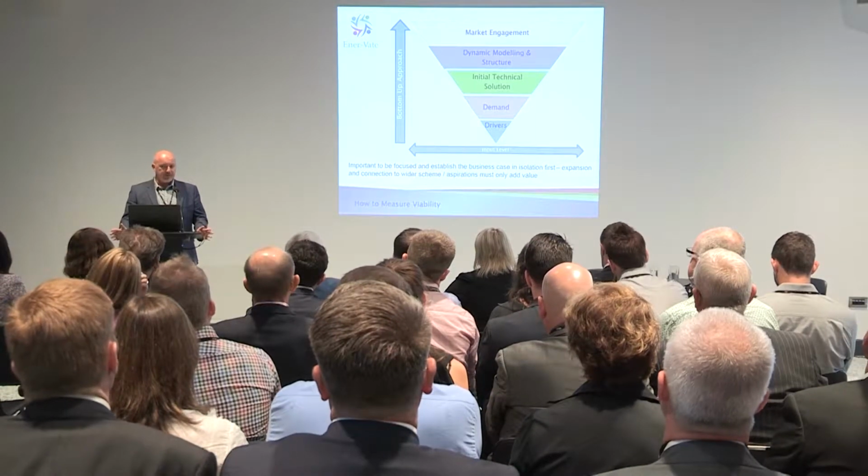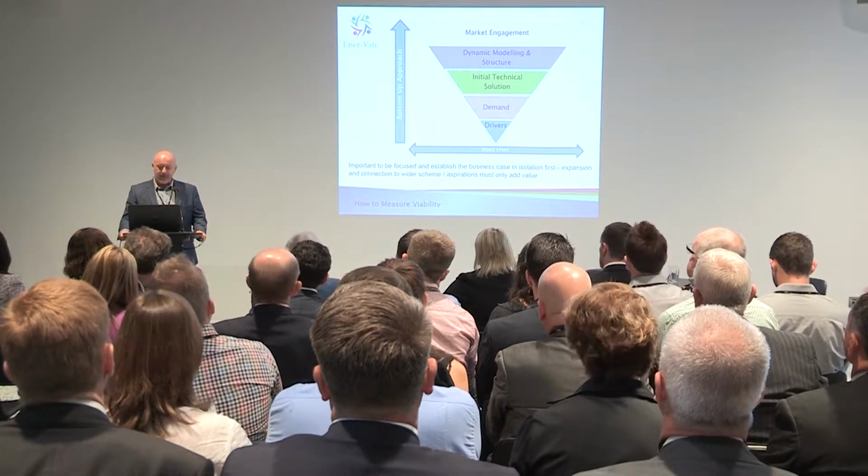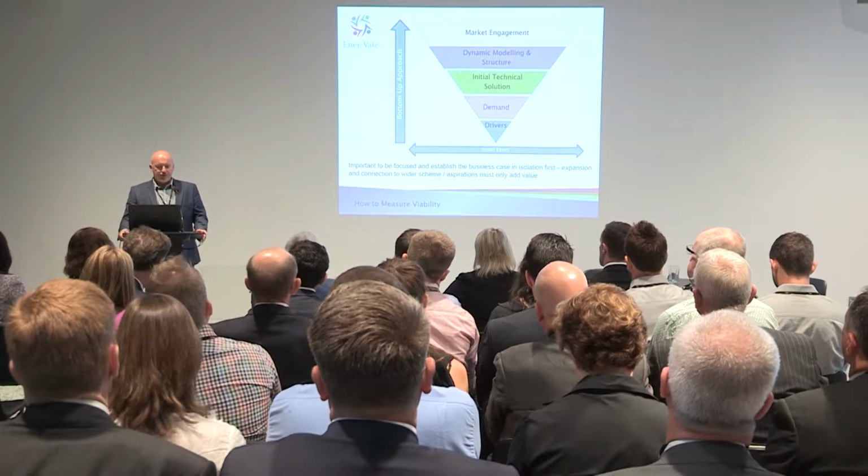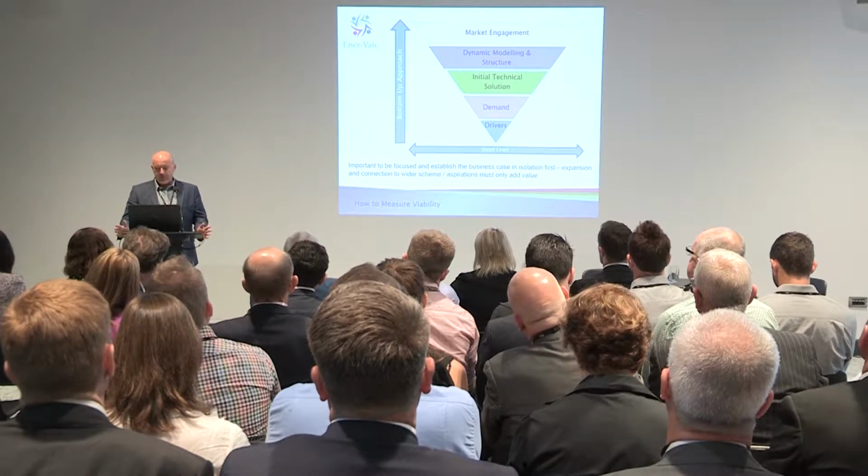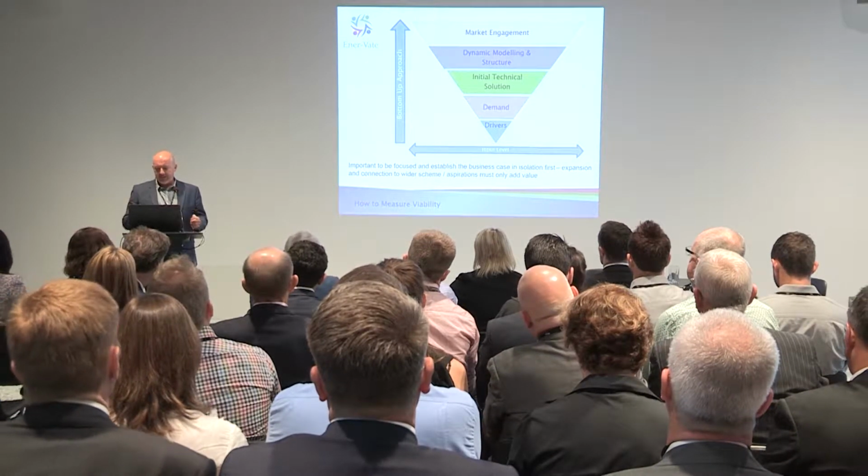It's a huge subject, and we could take hours on this, in all fairness. But what we try to do, as expressed here on this slide, is to make sure that any commercial model is only as good as the drivers initially are, who is making those drivers, and what the most important drivers are.